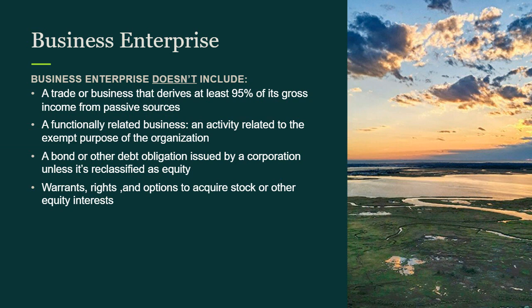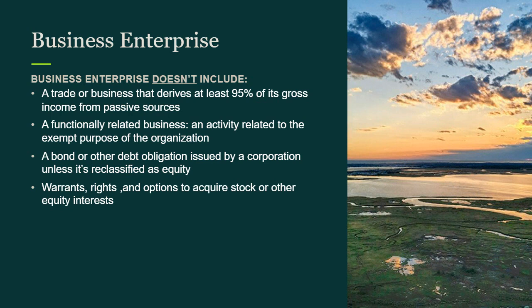That's not a business enterprise. A functionally related business, an activity related to the exempt purpose of the organization, also wouldn't be a business enterprise. A bond or other debt obligation issued by a corporation, of course, unless it's reclassified as equity, and then warrants, rights, and options to acquire stock or other equity interests would not be business enterprises.